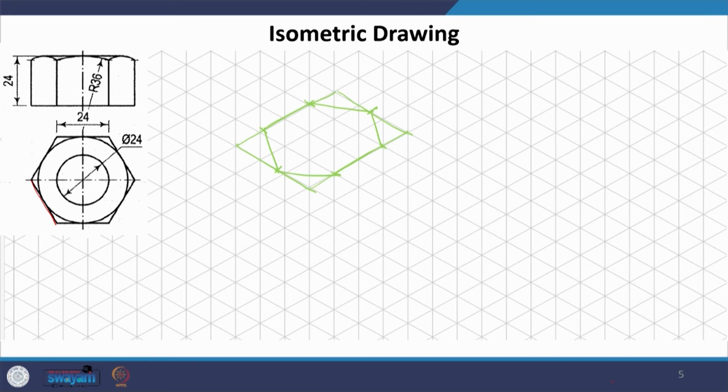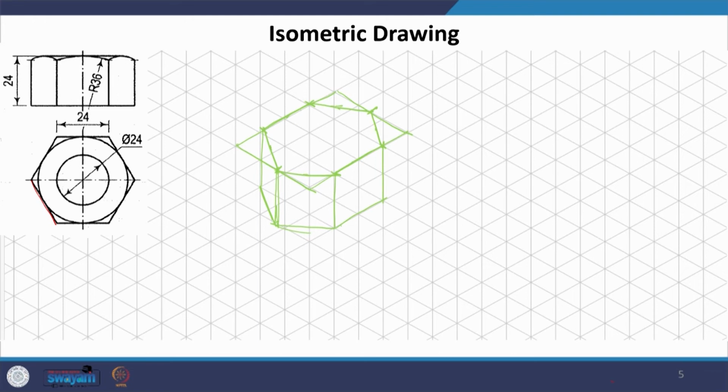You can do the same thing for the bottom one, or we could just take the heights of it and draw parallel lines. Now, in the top we know that there is a circle which is going to be enclosed in this.